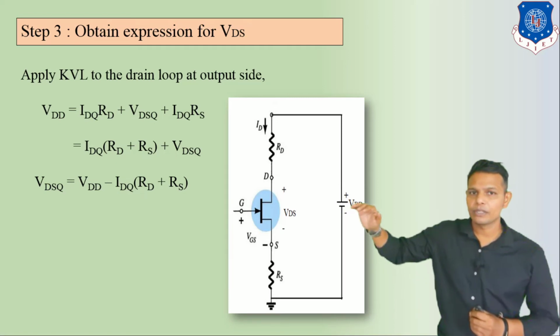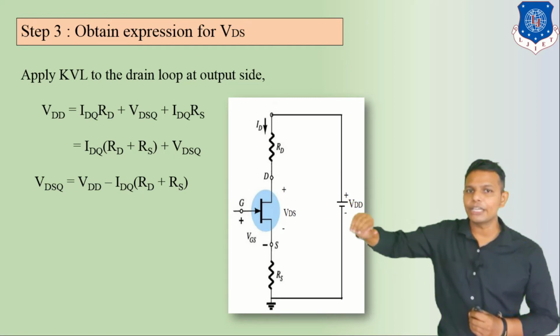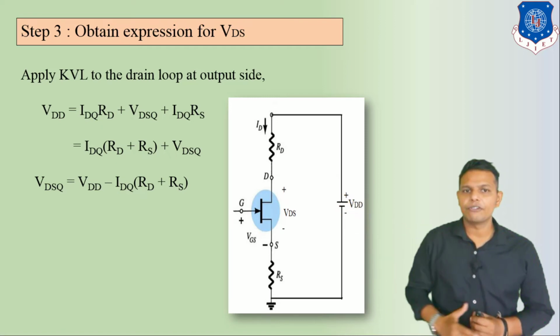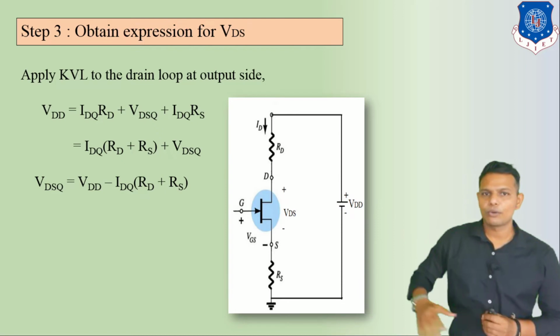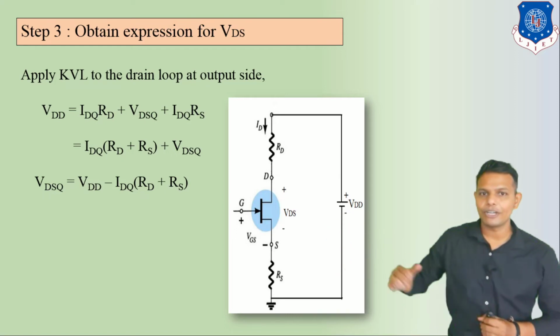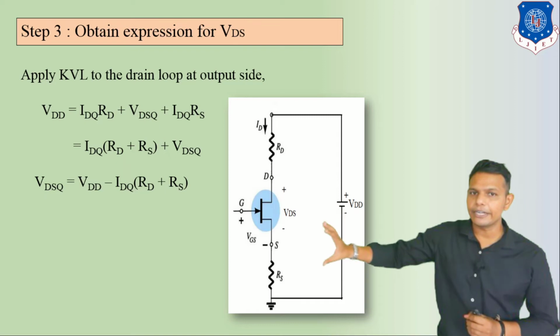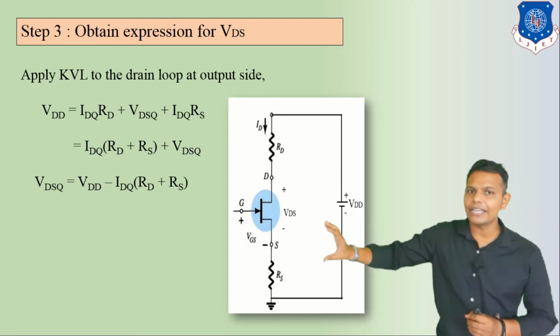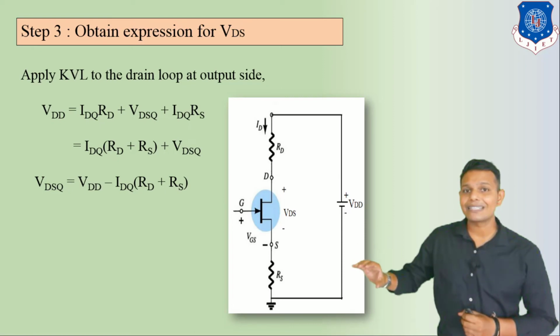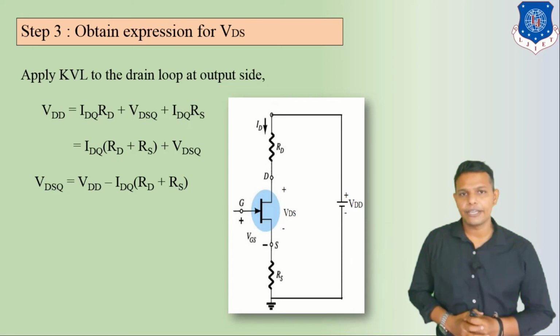Now take IDQ common, that means IDQ in bracket RD plus RS, plus VDSQ. Now here we have to find the output, so VDSQ should be the subject. So VDSQ is equal to VDD minus IDQ in bracket RD plus RS. So this is the expression for the VDS.